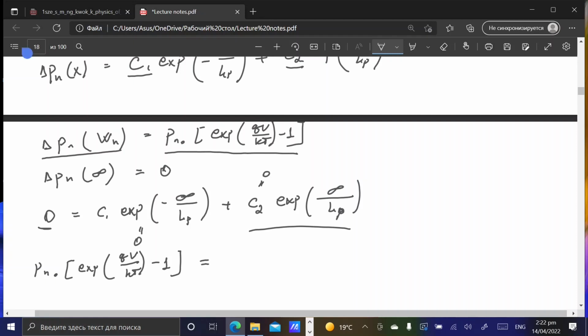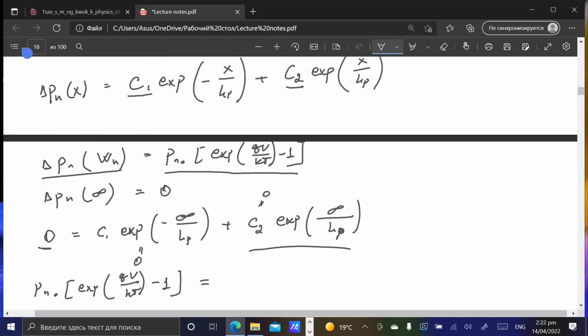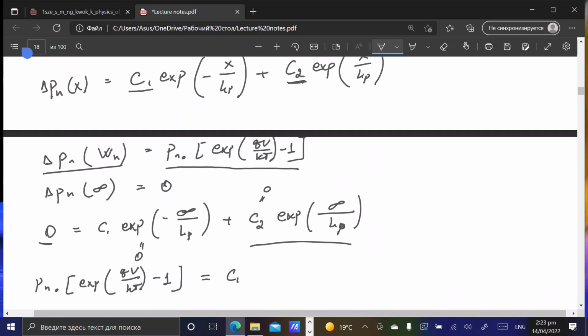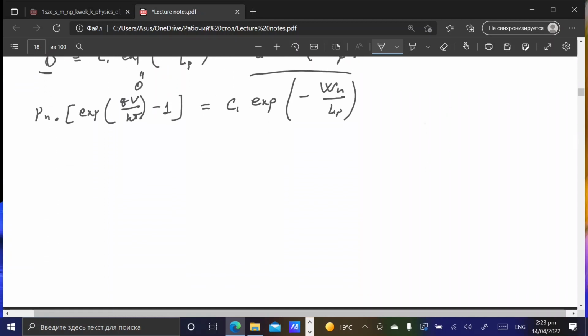That will be equal, from this general solution, where we know that C2 is already equal to 0, to just C1 times exponent, and instead of x we put Wn, so it will be minus Wn divided by Lp. And with this we can determine C1.